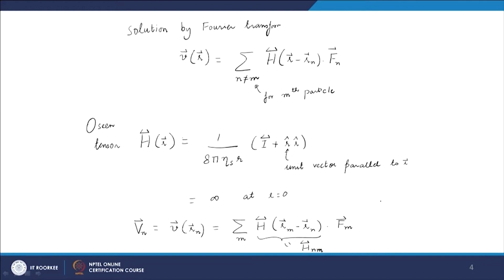But there is an approximate yet workable solution to this, and that solution is that for m equal to n, we will assume that the mobility matrix is simply I by zeta, or this can use the diagonal terms of the mobility matrix. Of course, we have to define a mobility matrix for every pair of n and m.